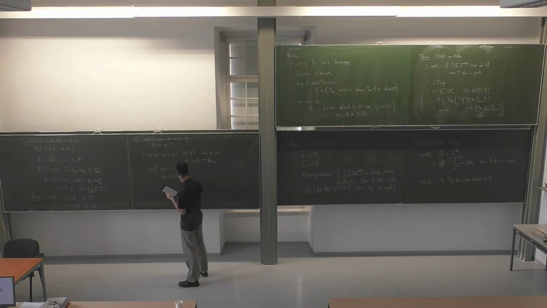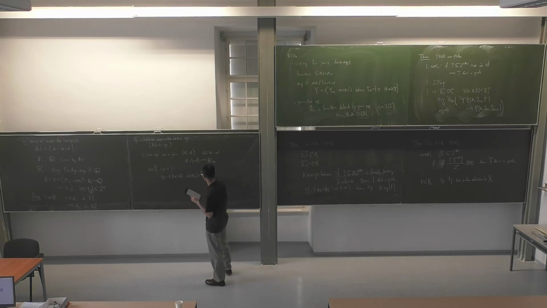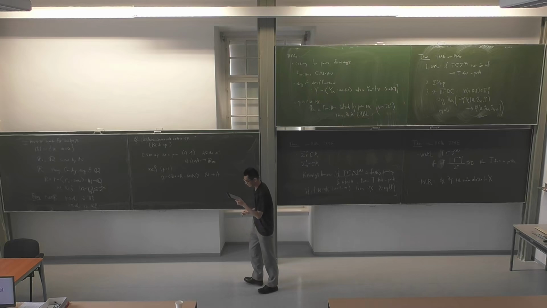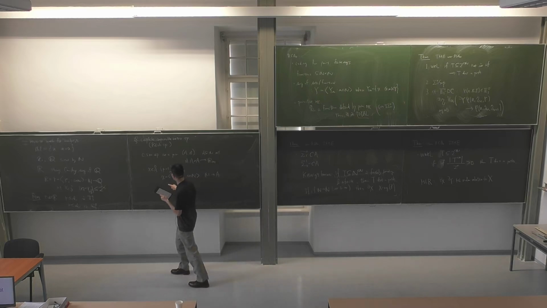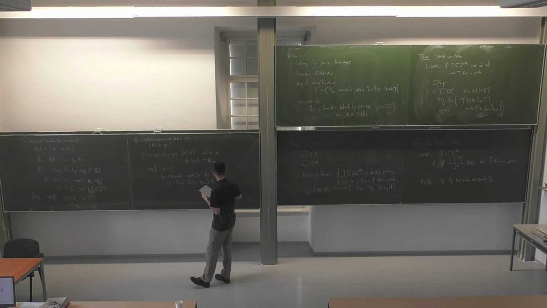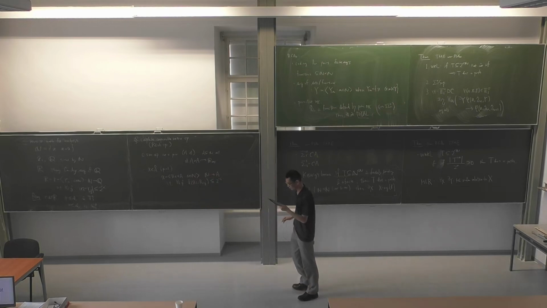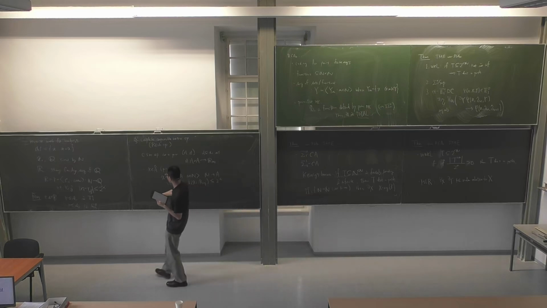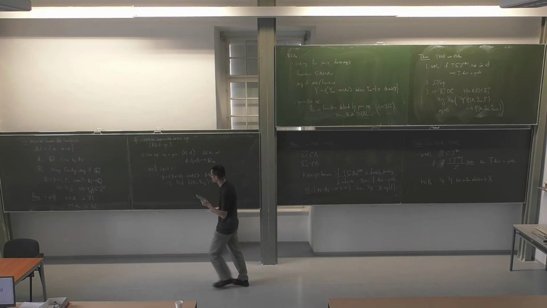Each member is a member of A, so it's a sequence from N to A, such that for any i and j, the distance between x_i and x_{i+j} is always less than 2 to the minus i. That's the requirement.